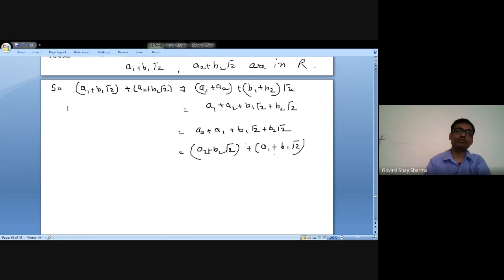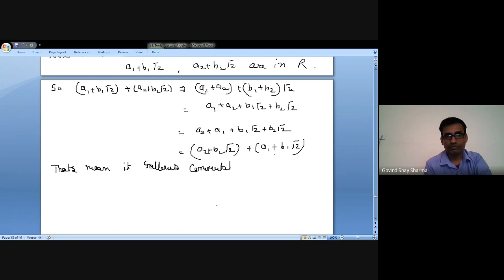This is equal to the reverse order sum, which means it follows the commutative law. Commutative.